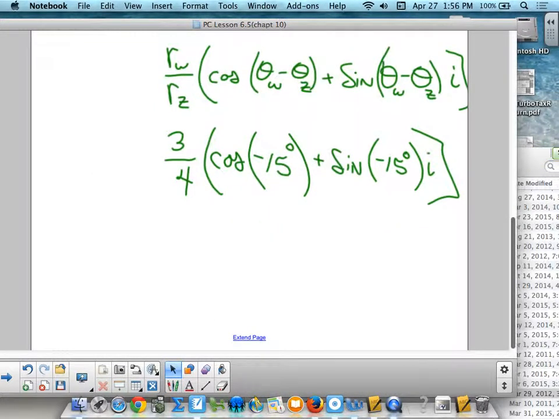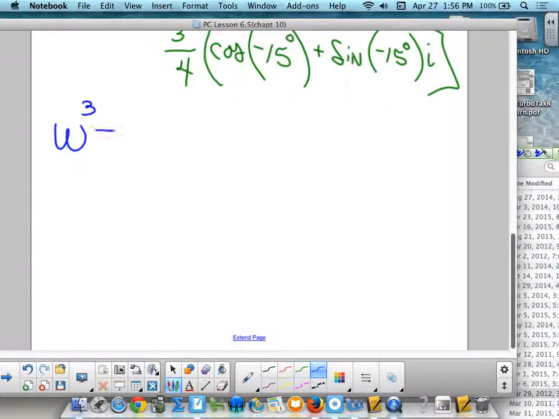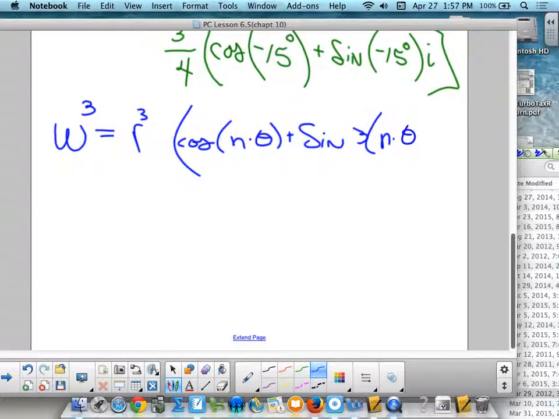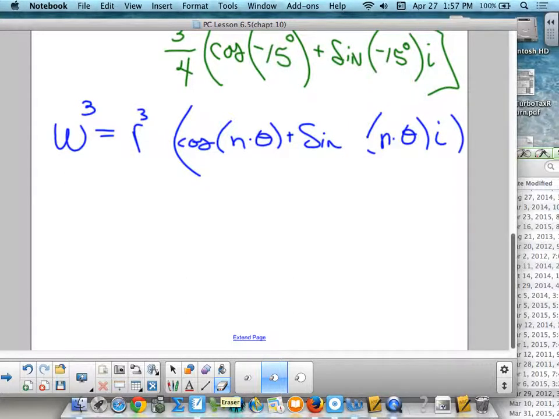Okay, go cube W. Pretty much this is the formula, right?